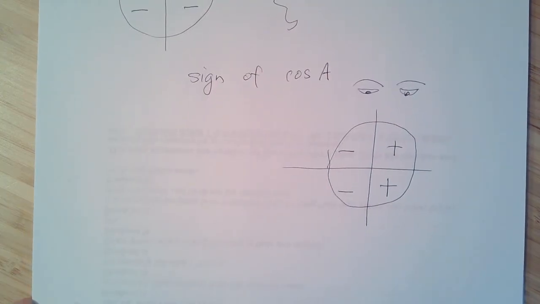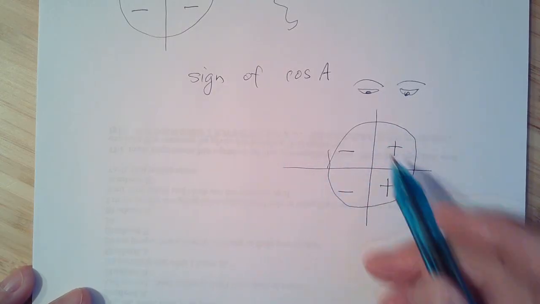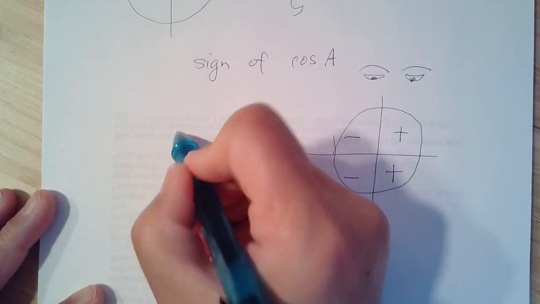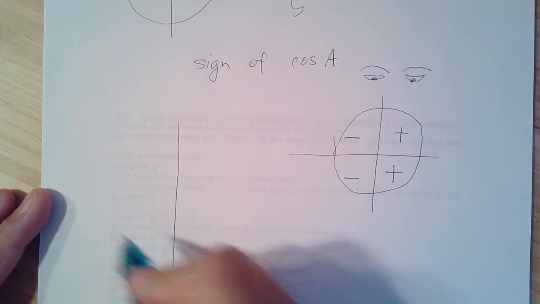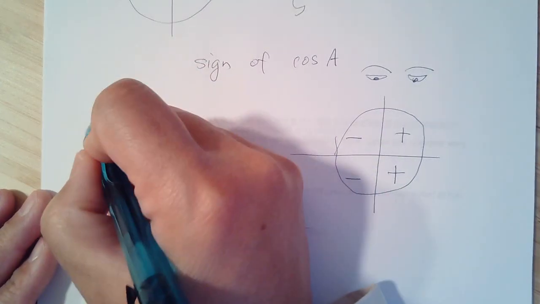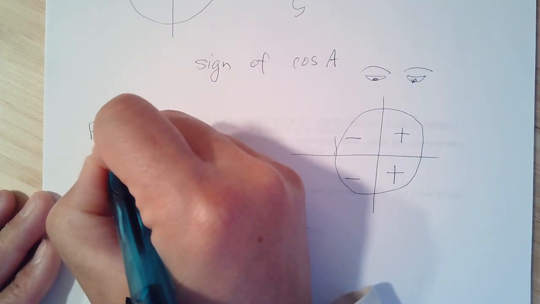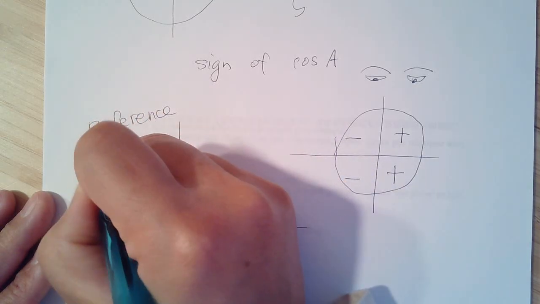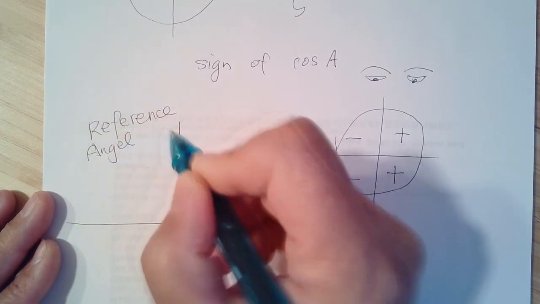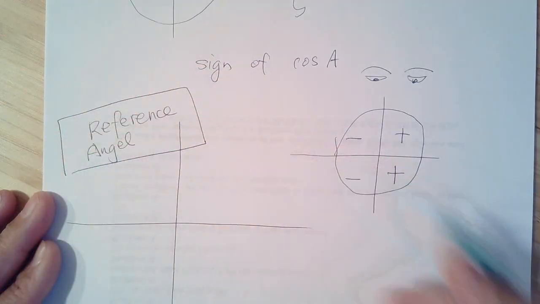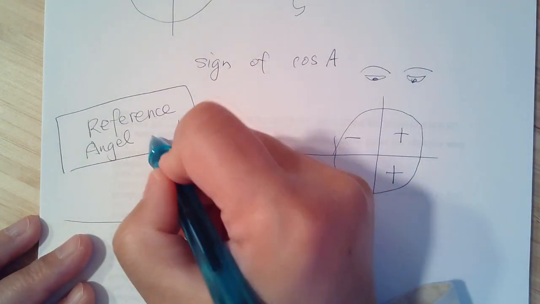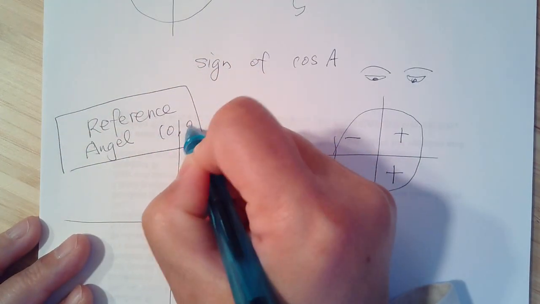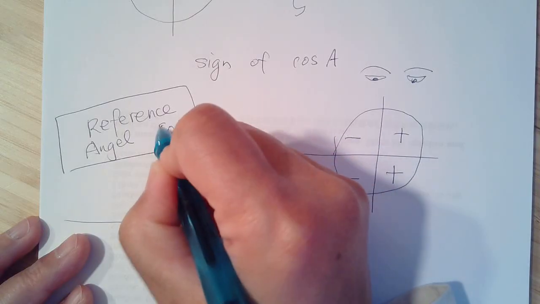Now, what we're doing right now is like one full cycle, right? So I'm going to introduce you to another concept. It's called reference angle. Every time we talk about the reference angle, we always talk about something from 0 to 90 degrees. 0 to 90 degrees.